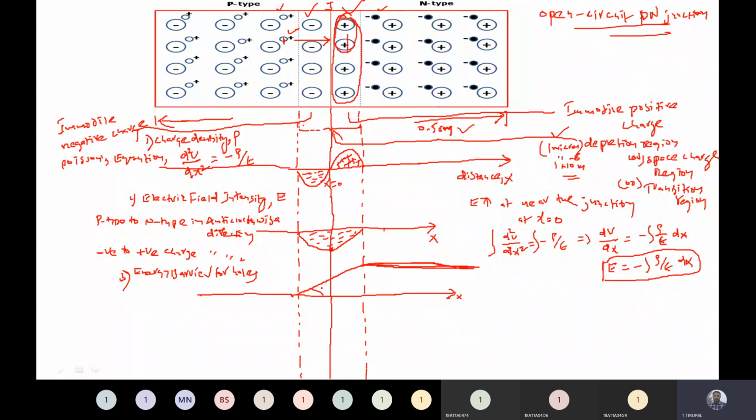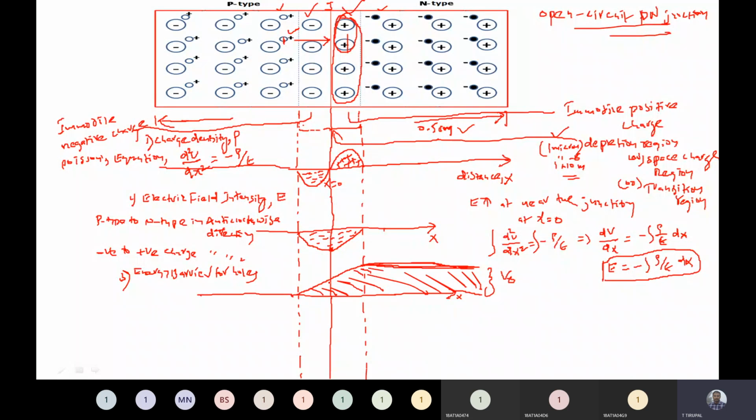So this complete thing is called the potential energy barrier for holes. This is given by V naught. V naught is called the height of the depletion region, or the potential energy barrier for holes, isn't it?